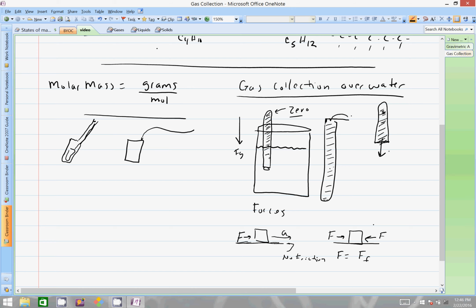So why is it that the water doesn't fall out when it's inside the tube of water? The reason is that there must be some opposing force, and at this point it looks to me like it's enough to keep the water up.